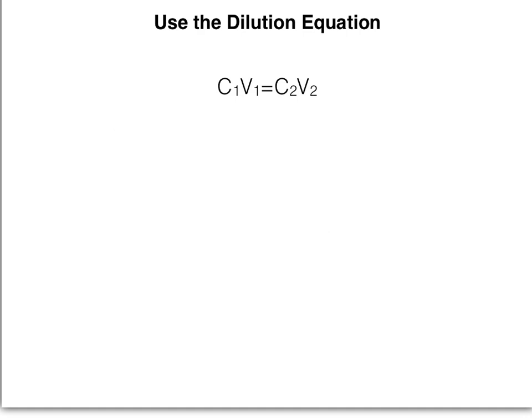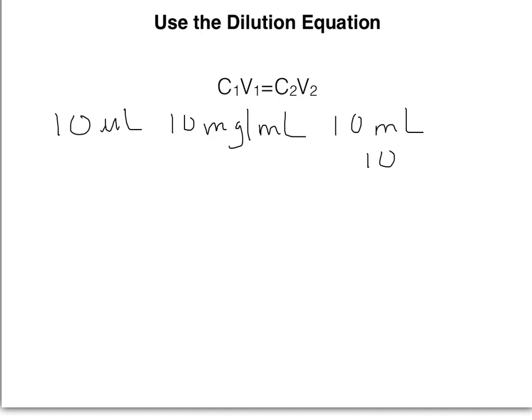So I calculated on the previous slide that I would need 10 microliters of my 10 mg per mil solution to make 10 milliliters of a 10 microgram per milliliter solution. So what does that mean when I actually go to make the solution?